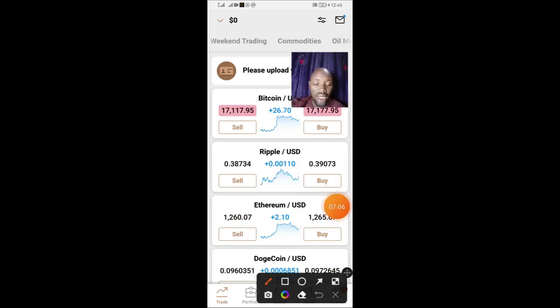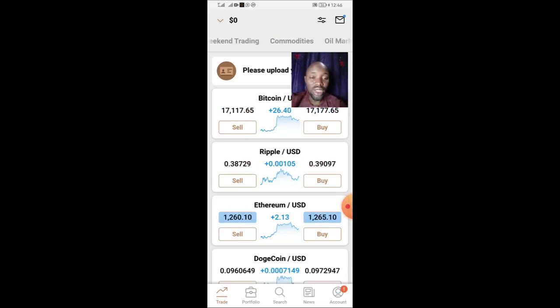So that is why we have this weekend trading. You see all the asset that can be traded on weekend. Then here we have commodities, the commodity that you can easily buy and sell.